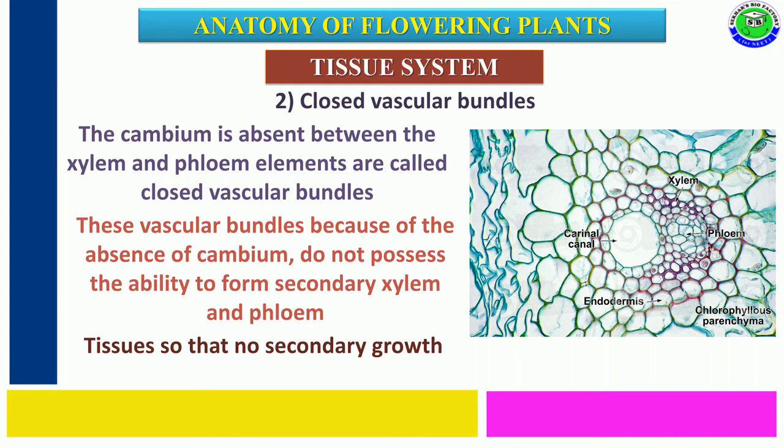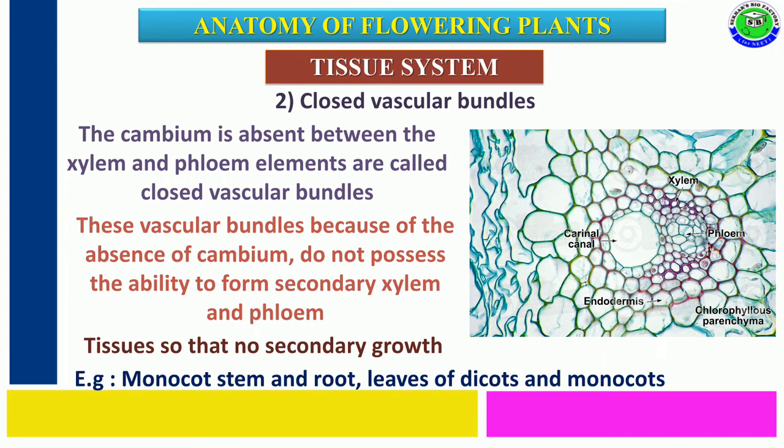These are seen in the transverse section of monocot stem and root, along with the leaves of dicot and monocot. These are examples of closed type of vascular bundles.